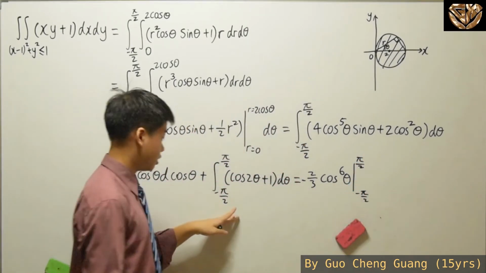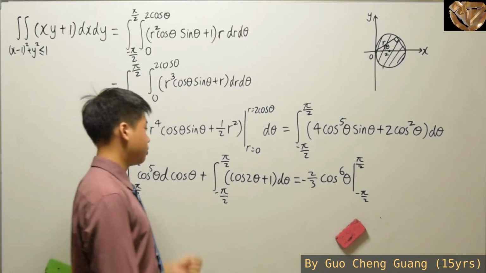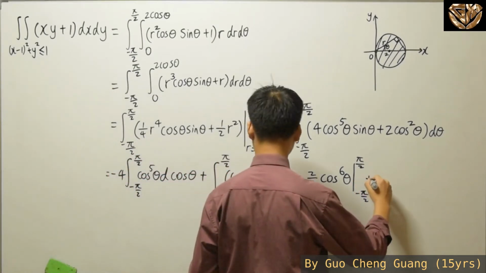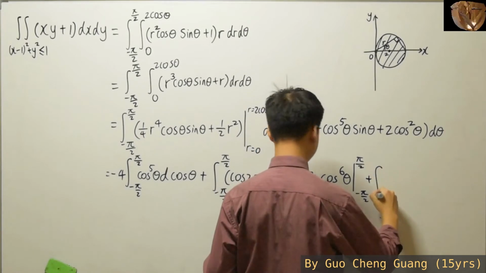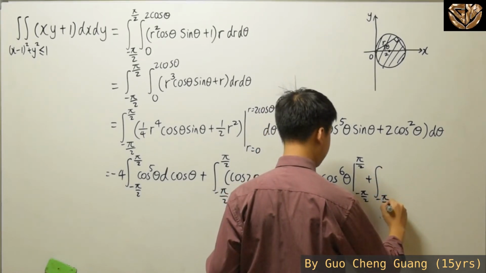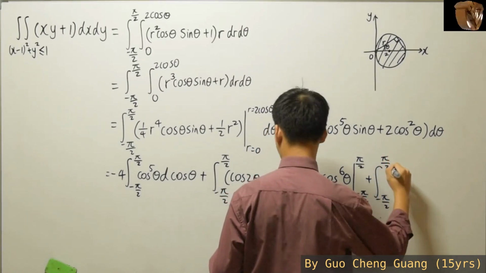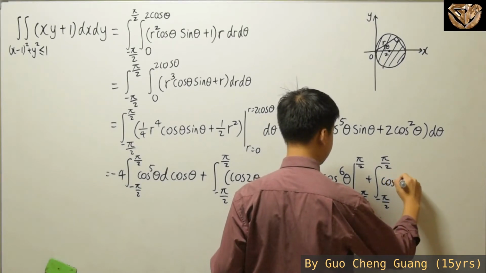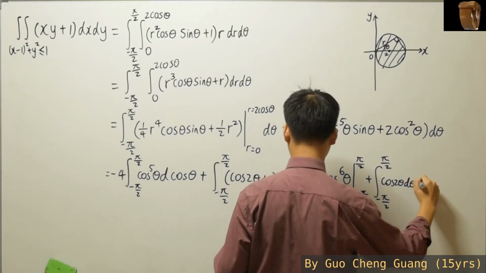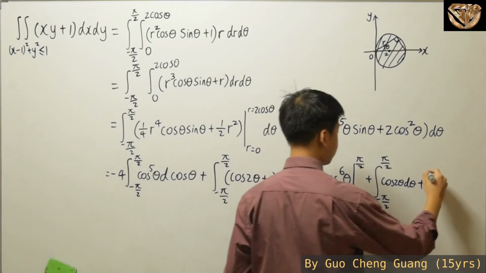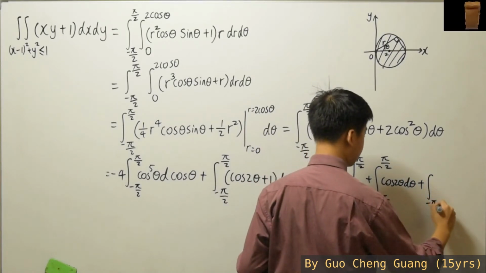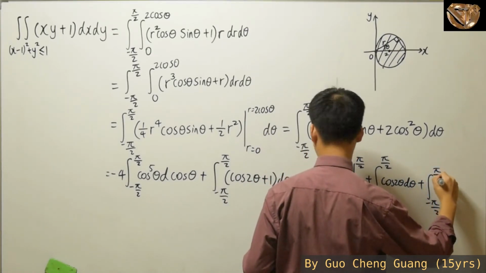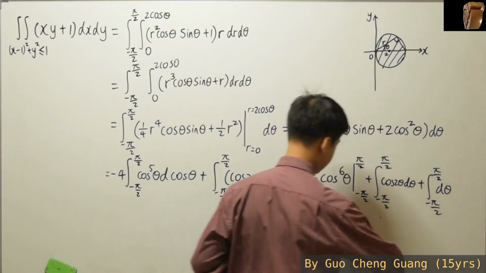While for your second term, again you could split it into two different terms, which for the first one you will see integrate from negative half pi to half pi cosine 2 theta d theta, while for your third term, that would be the integral from negative half pi to half pi of d theta.